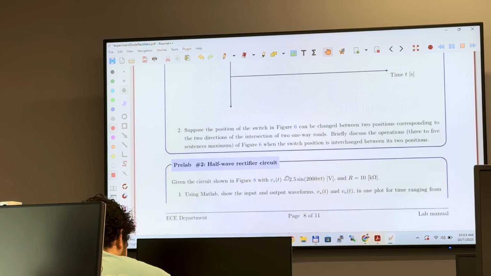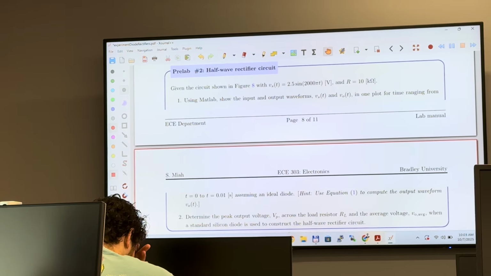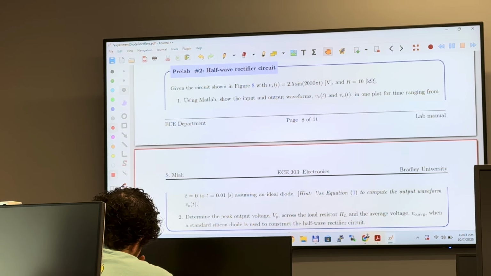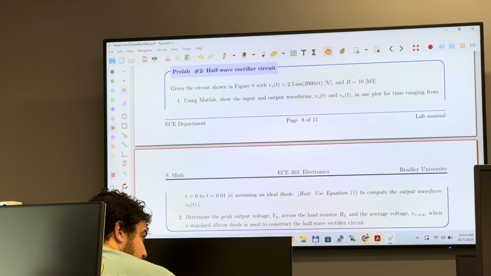Okay? Yes? What libraries do I need to implement and what diode should I use for PSpice? Yeah, that's what you need to do a little bit of research. I showed you how to get the, if you look at the options, you will see PSpice model, and you should see some diodes here.